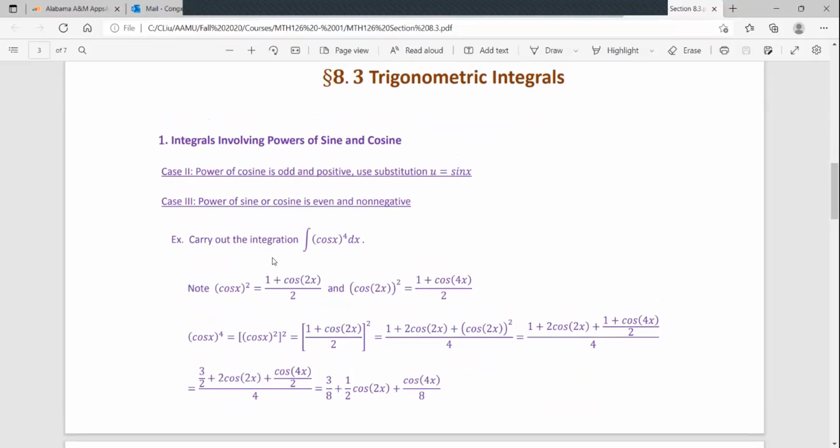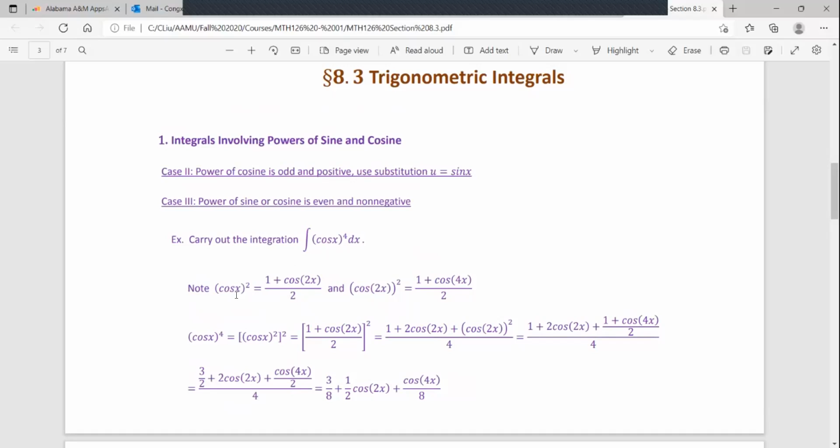So for example, if you want to integrate cosine x to the fourth, we can use the double angle identity cosine x squared equals 1 plus cosine 2x over 2. This identity is valid for any angle x.